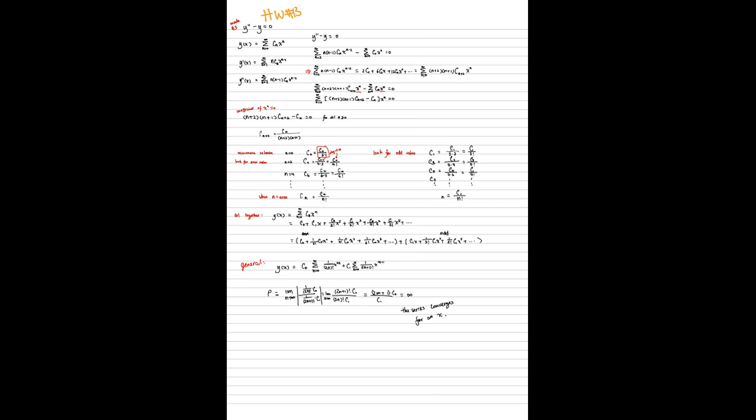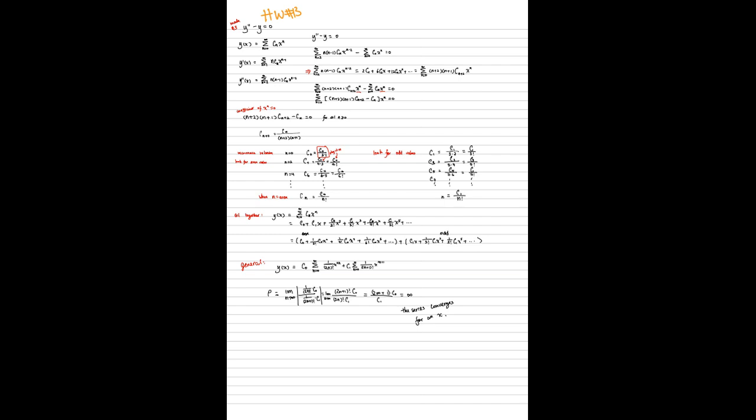Just put that back into y double prime minus y. Then we can factor out the x to the n. We get the summation of n equals 0 to infinity of n plus 2 times n plus 1 times c of n plus 2 minus c of n.